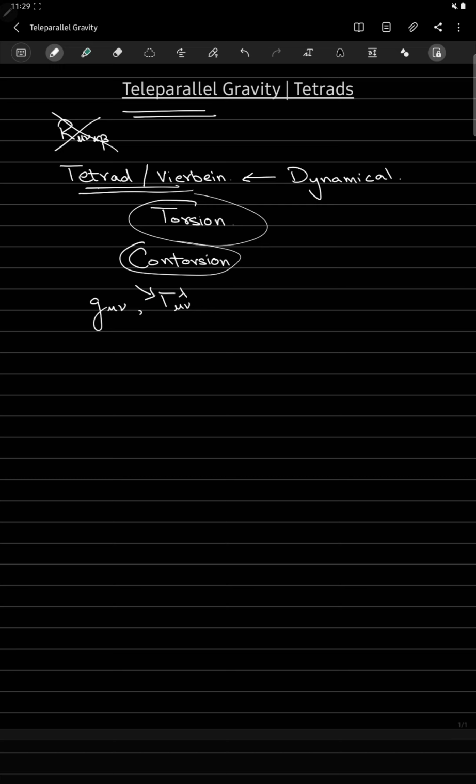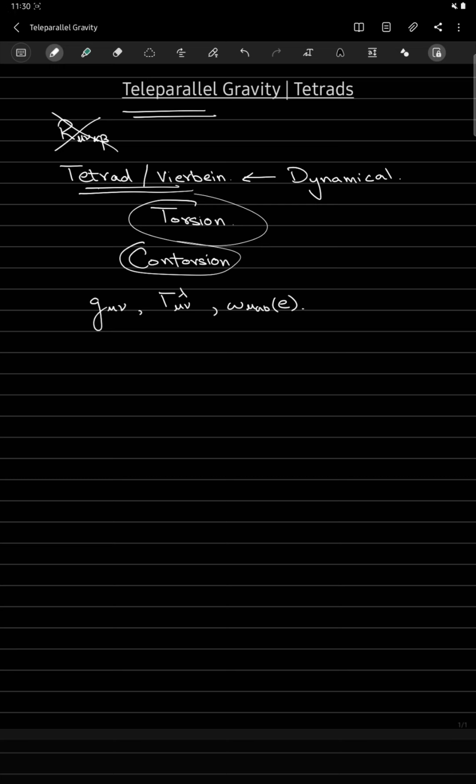Sorry, this is actually gamma, my bad. And also you can make the torsion-free Levi-Civita connection, which is this omega mu AB of e, right? And of course I'll be defining them onwards.